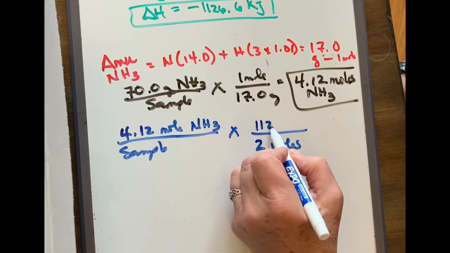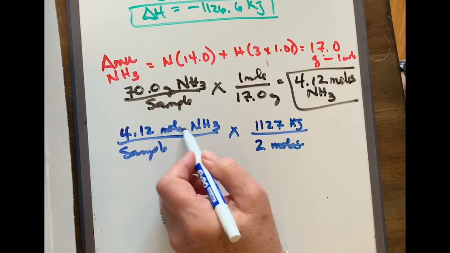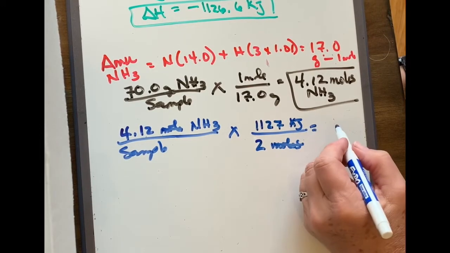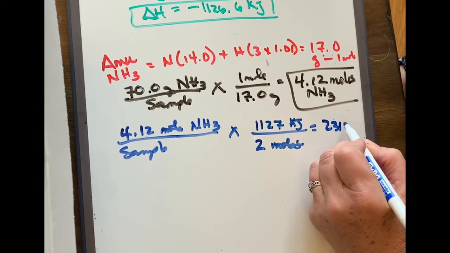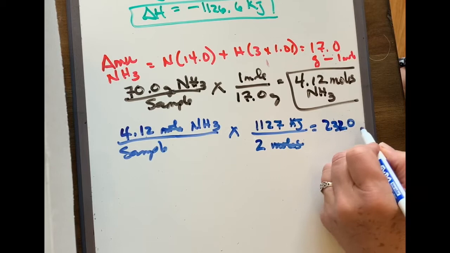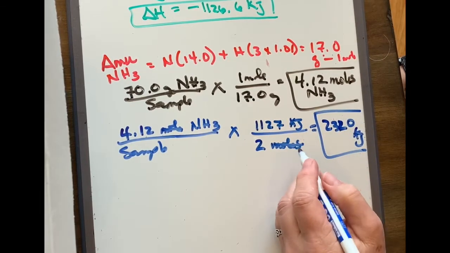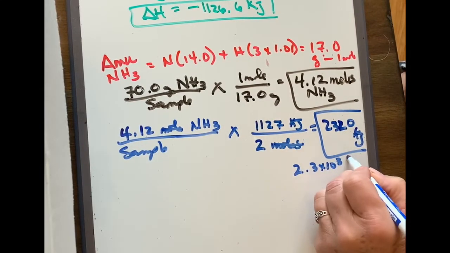We get 1127 kilojoules. Our moles go away, and we get 2,320 kilojoules. And they said 2.3 times 10 to the 3.